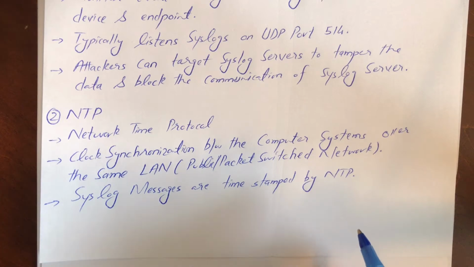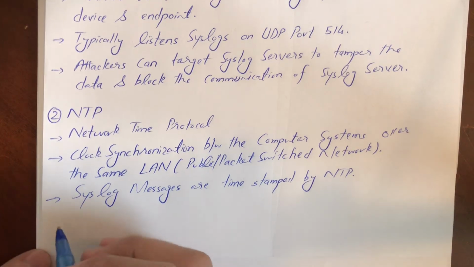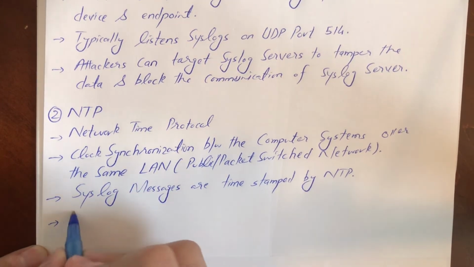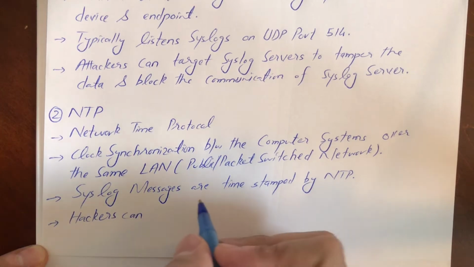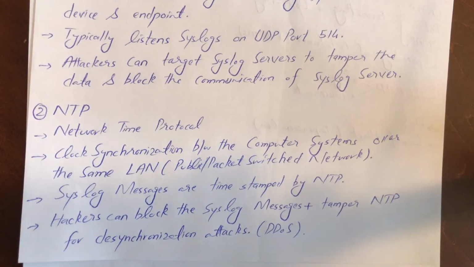And again, after receiving that syslog message, the security administrator can take some actions and all that. Attackers or hackers can actually block the syslog messages, plus tamper with NTP for desynchronization attack and DDoS attacks.